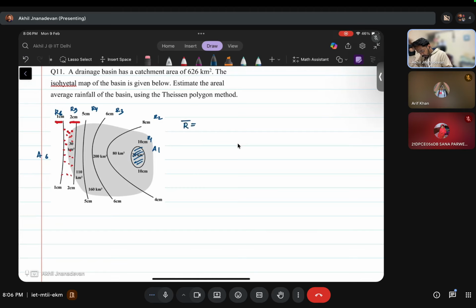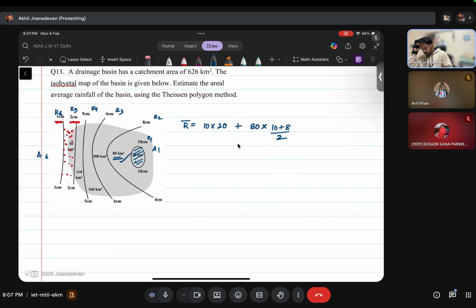First, this particular area is 10 centimeter into 20. There we don't have to take any average, this is an enclosed contour, so whatever rainfall is enclosed, we take directly. The next area is 80 kilometer square, so 80 into the average, that is 10 plus 8 by 2.